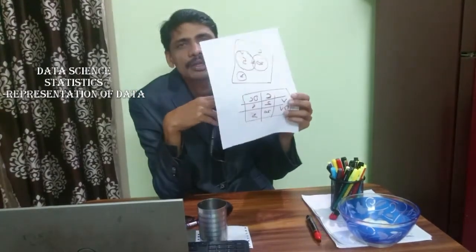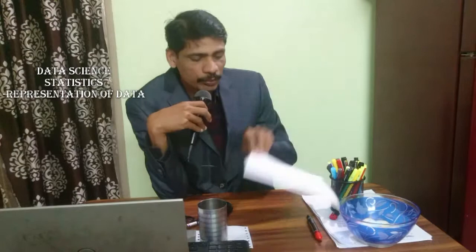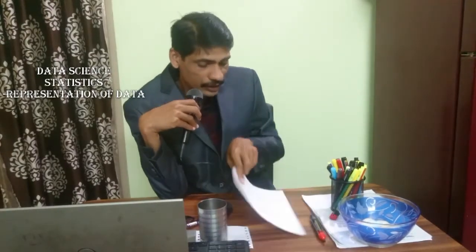And we have another interesting representation of data: stem and leaf. Stem and leaf is kind of the same way as this two-way format, but it can be like this. I will draw this so that you will get some understanding.